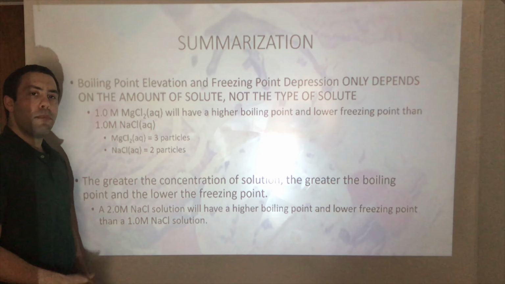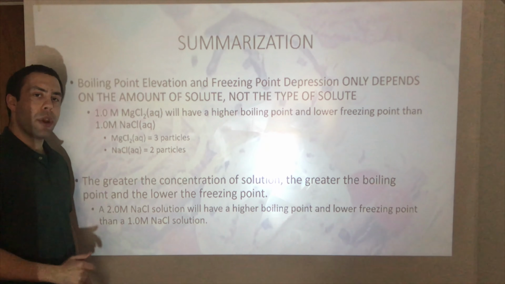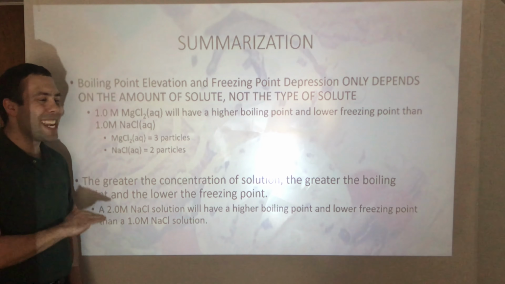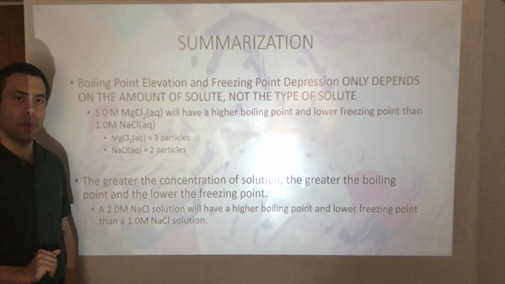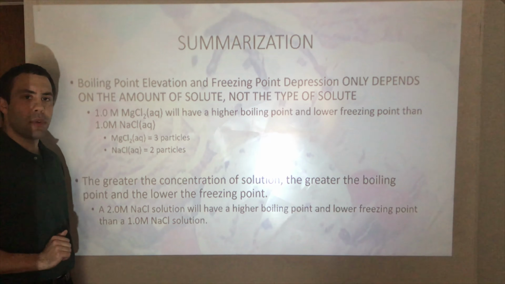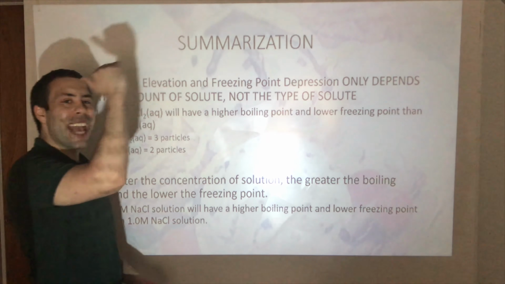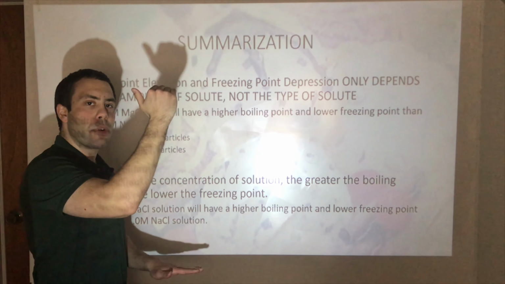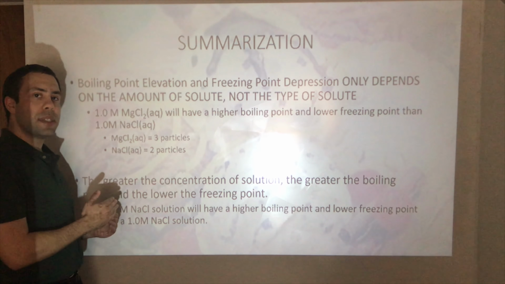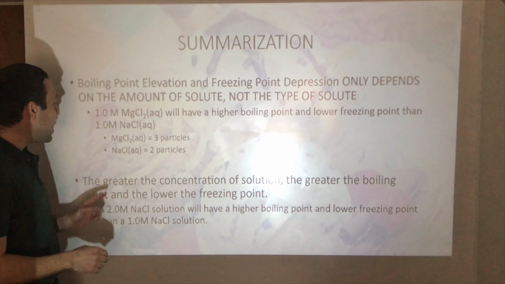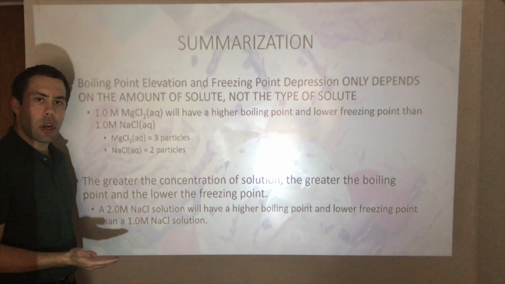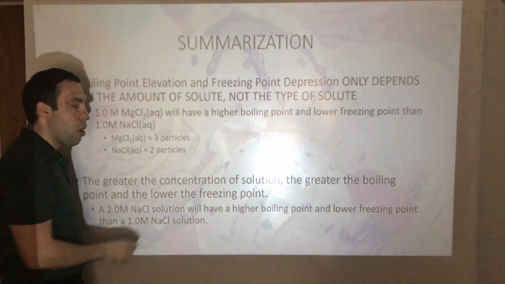In summary, boiling point elevation and freezing point depression depends only upon the amount of solute in solution, not the type of solute in solution. Remember, a 1.0 molar magnesium chloride solution will have a higher boiling point and a lower freezing point than a sodium chloride solution of the same concentration. The reason for that is when magnesium chloride dissolves in water, it breaks apart into 3 particles.